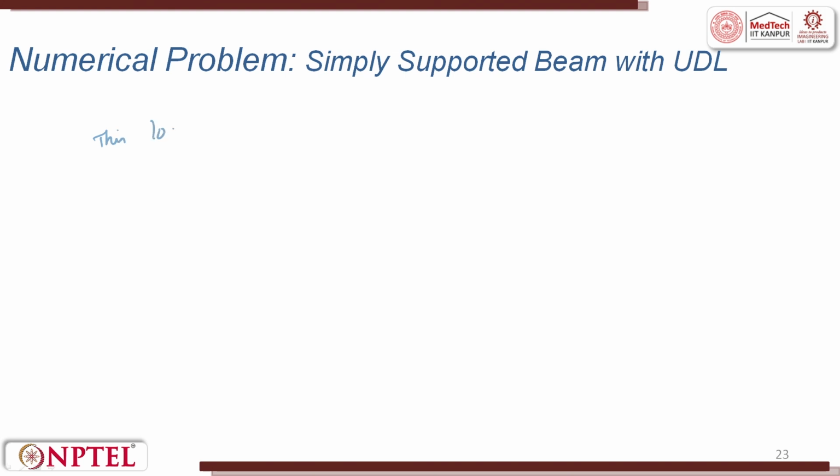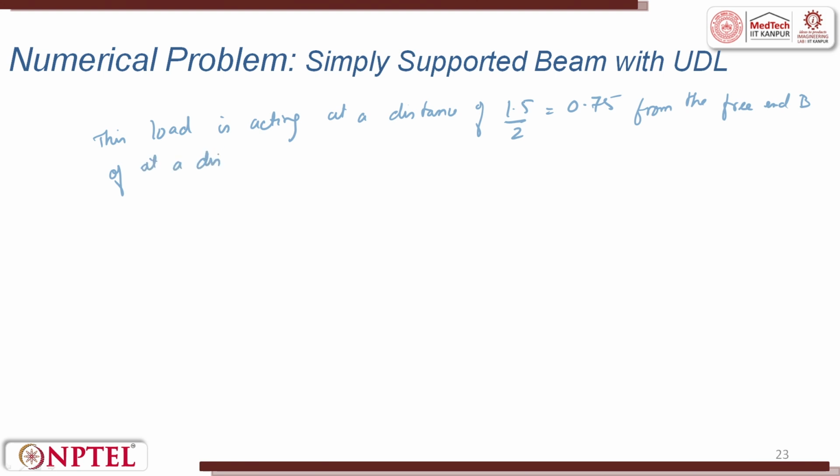So this load of 1.5 is acting at a distance of 1.5 divided by 2, which is 0.75, from the free end B, or at a distance x minus 0.75 from any section between A and C.